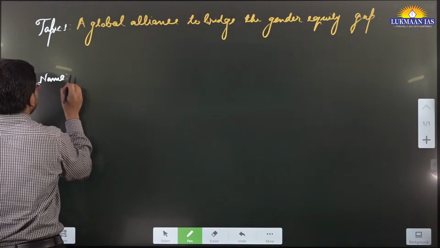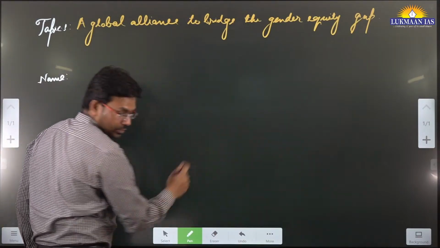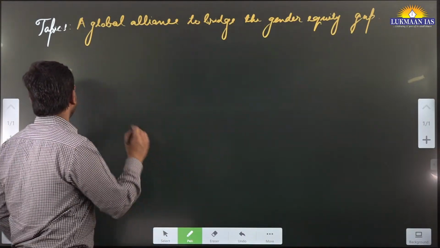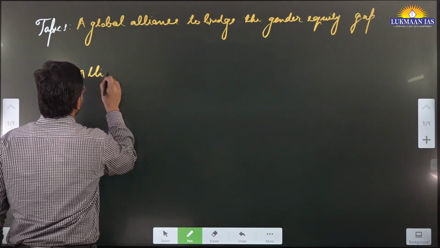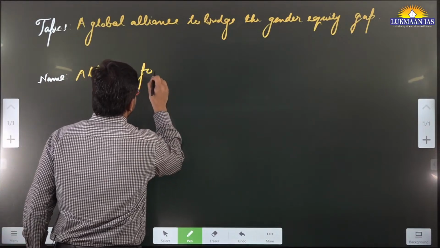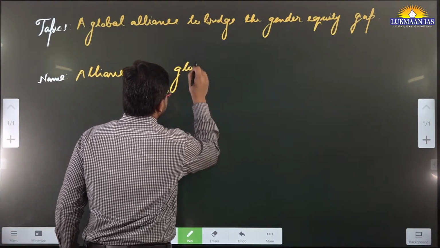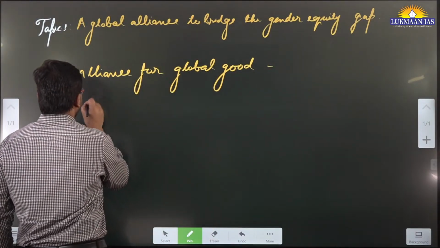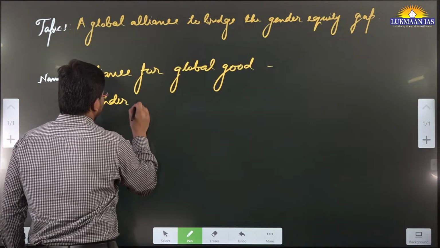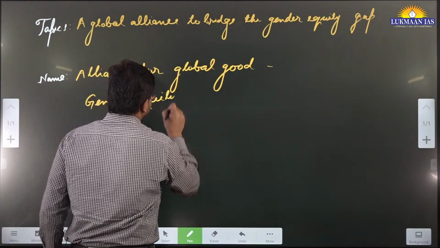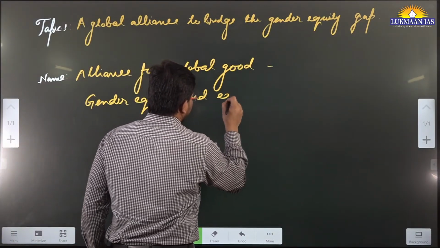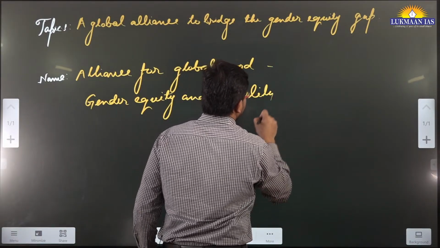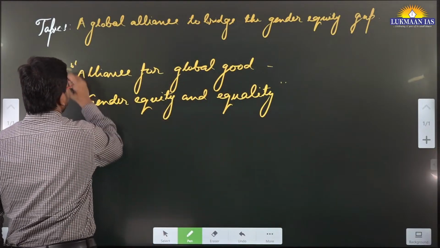The name of the alliance is Alliance for Global Good, Gender Equity and Equality.